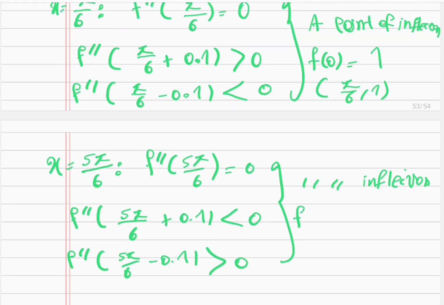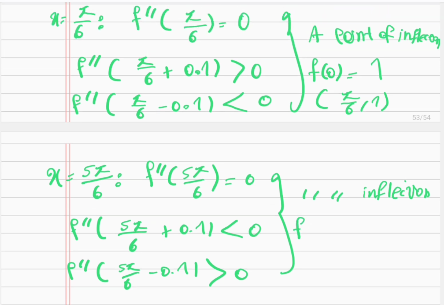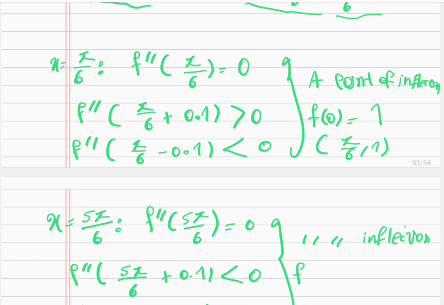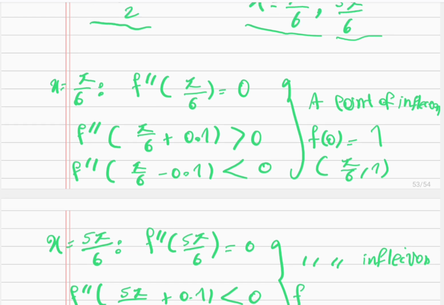And now we can find its corresponding y coordinate. Okay, I just realized that I made a mistake when I was finding the point of inflection of x is pi over 6, because we were supposed to substitute pi over 6 into the main function, but I somehow substituted 0. So yeah, sorry about that. f of pi over 6 is what we had to substitute.